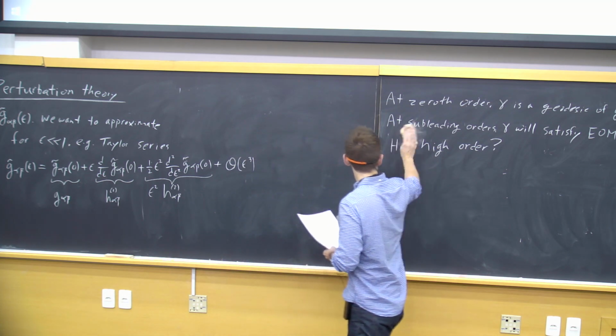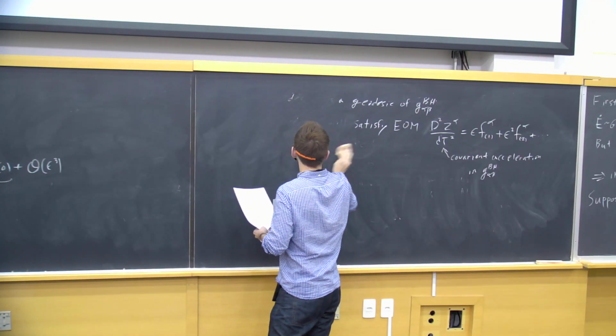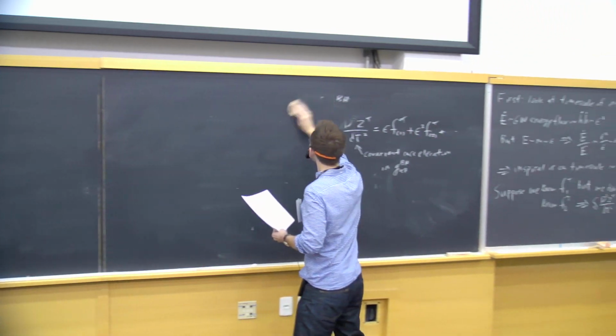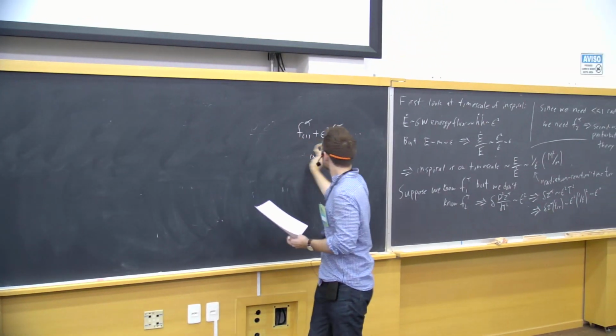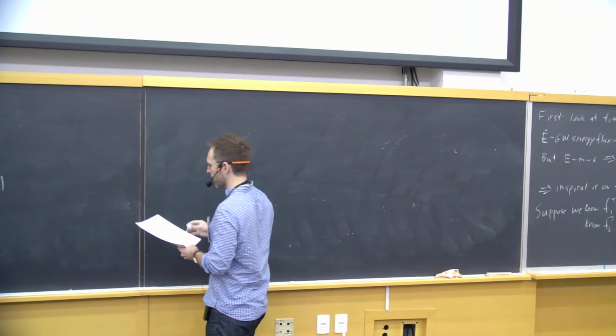Now, let's define a total perturbation as the difference between the exact metric and the background metric.